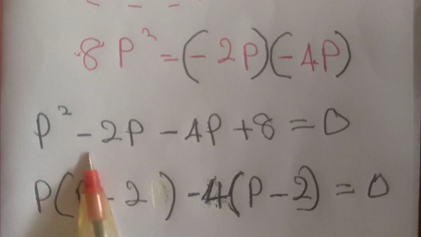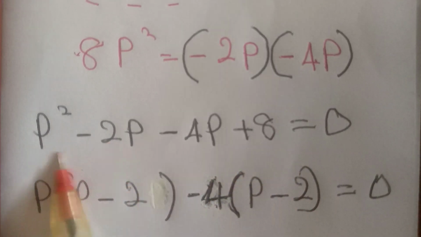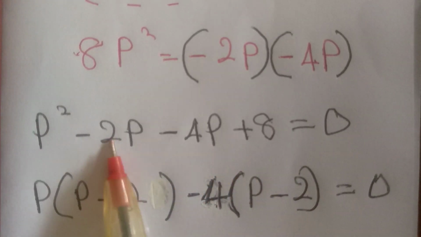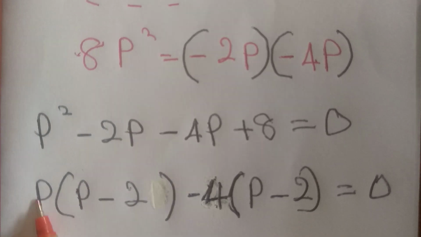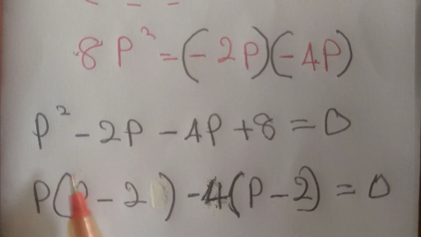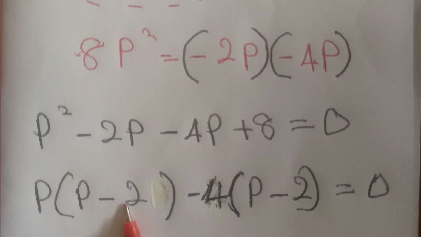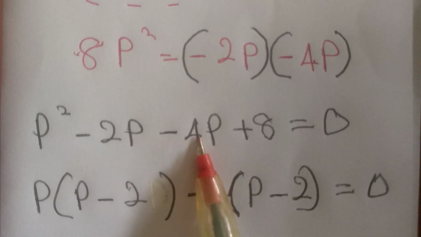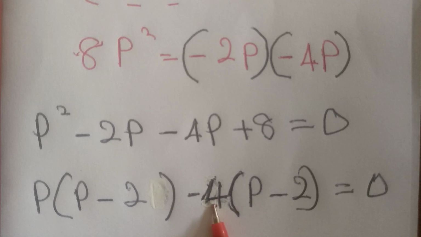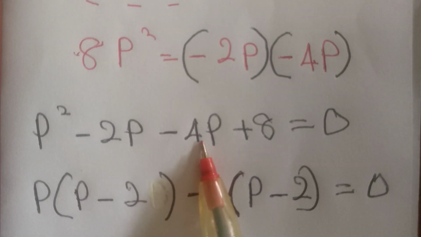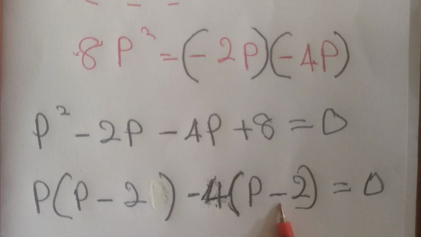Now you factorize. I now have 4 terms. Group them 2 by 2 and factorize. In these 2 terms, something is common. P is common. So p squared divided by p, we have p. Minus 2p divided by p, we have minus 2. Then minus 4p and plus 8, something is common. That's minus 4. So if I factorize these 2 terms, I will have p minus 2.